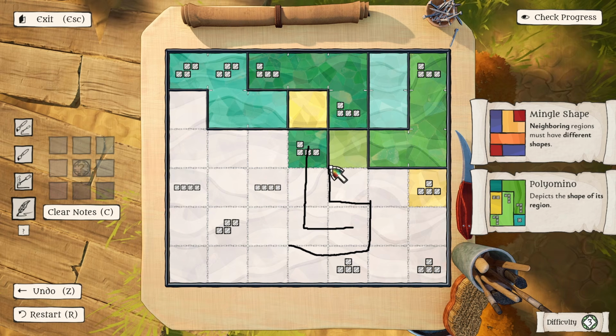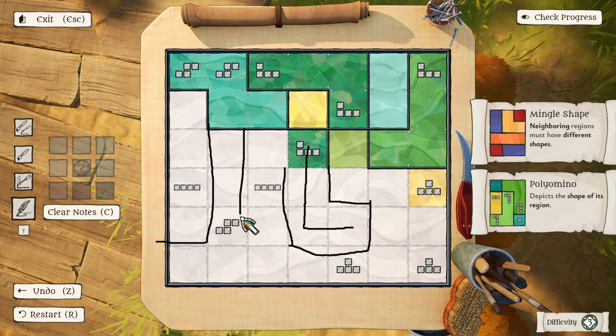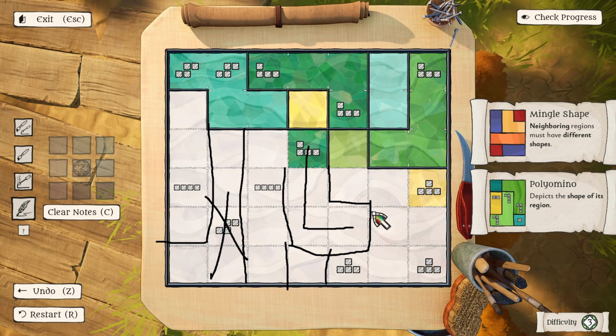Let's see. Yeah, that would break a lot of stuff. That one would be broken. This one would have to do that, which would break that one.